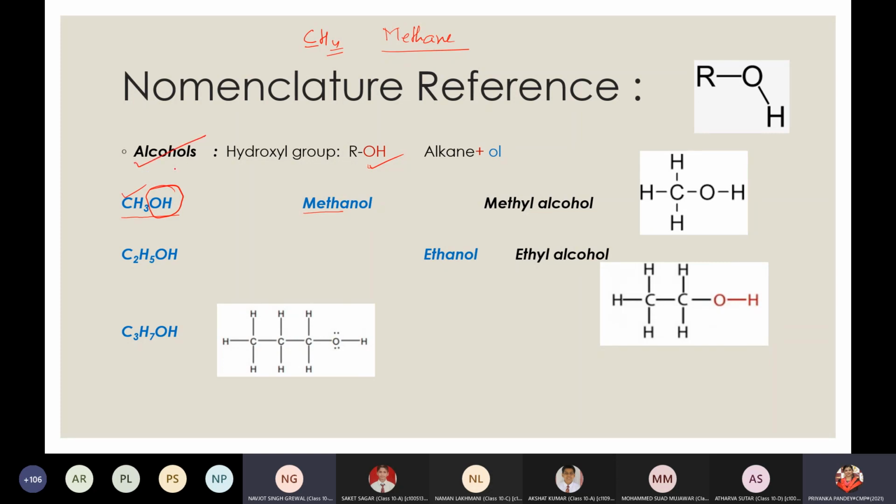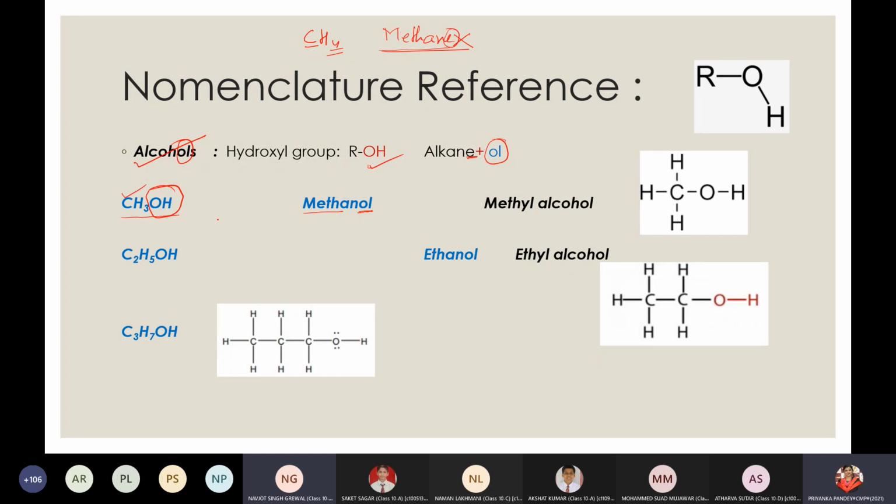And if it is alcohol, the naming will be different. Right? So how is it going to be named? In place of whatever alkane was there, we are going to remove the last part and use OL. For alcohols, the name ends with OL. We are going to have the suffix OL. In place of E, which is cancelled, we are going to add OL.